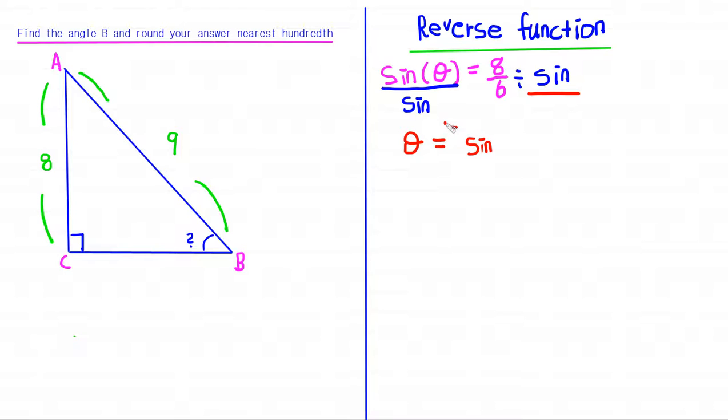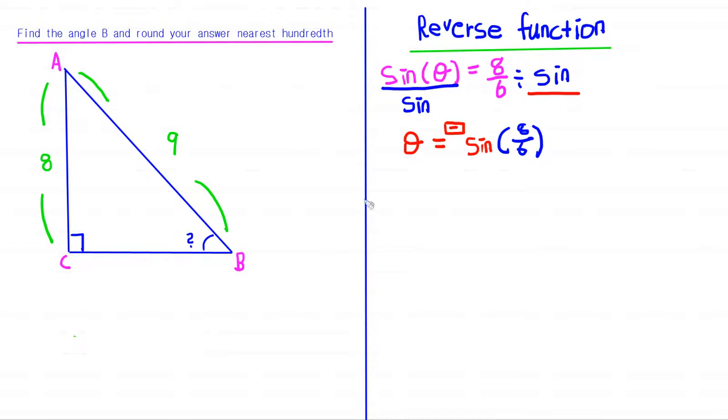This negative looks like an exponent, but it's not. It is to show the reverse function. So theta equals the reverse sine of 8 over 6. This is a reverse function that we use when we find angles.